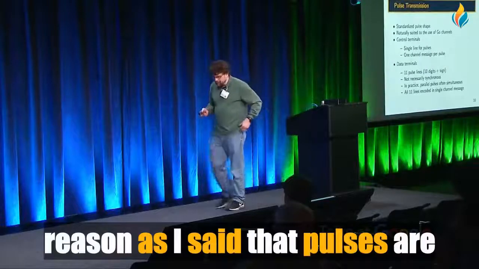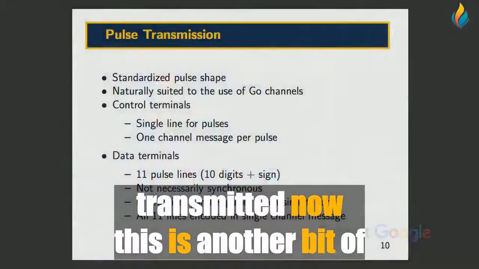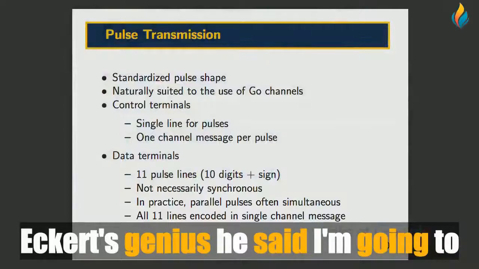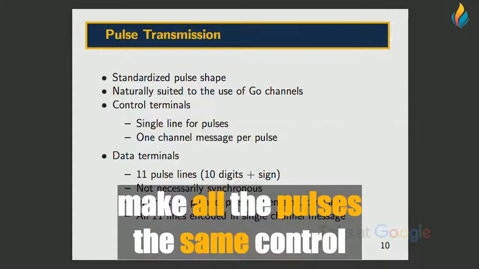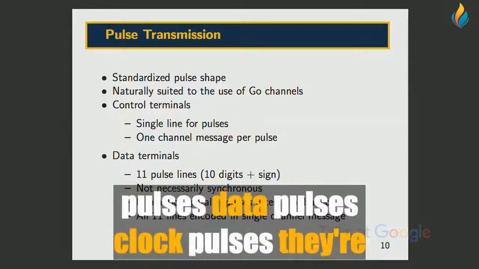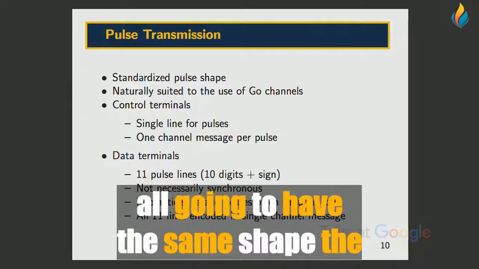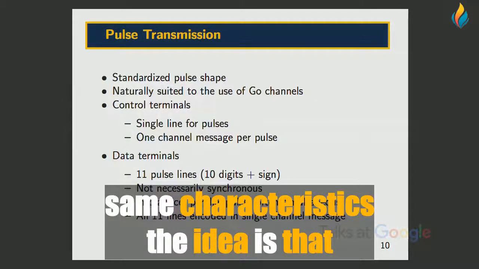As I said, pulses are transmitted. Now, this is another bit of Eckert's genius. He said, I'm going to make all the pulses the same. Control pulses, data pulses, clock pulses, they're all going to have the same shape, the same characteristics.